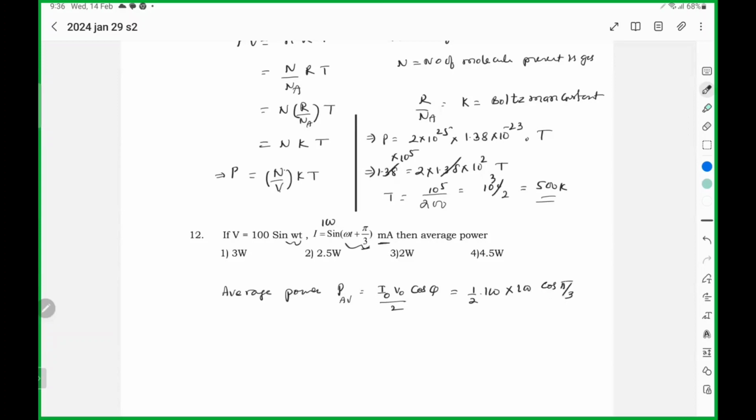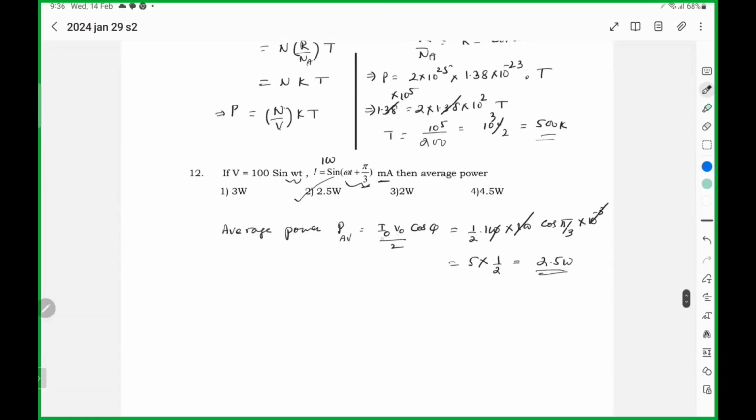And here current is in milliamperes. This gets cancelled. 10 by 5 into cos 60 is 2.5 watts. Here I naught means maximum current, 100 milliamperes. V naught means maximum voltage.